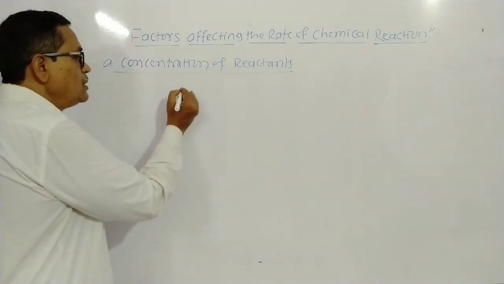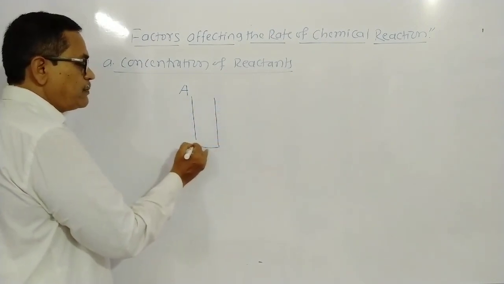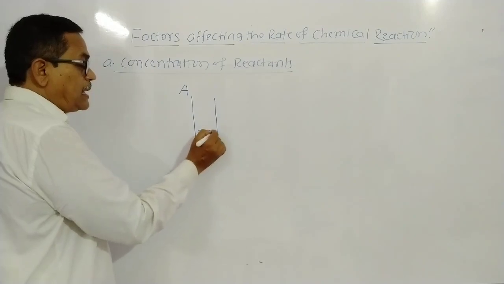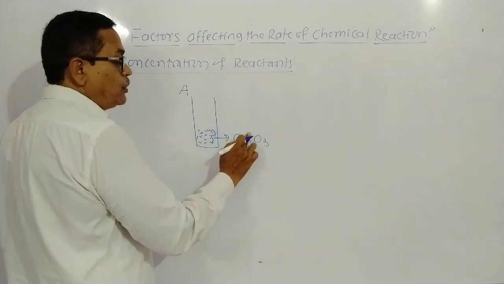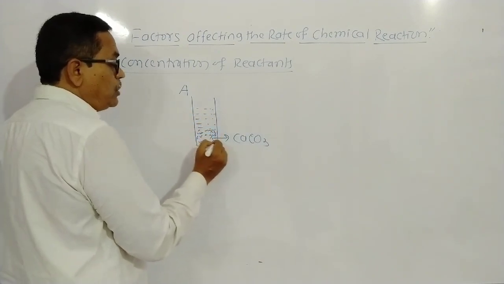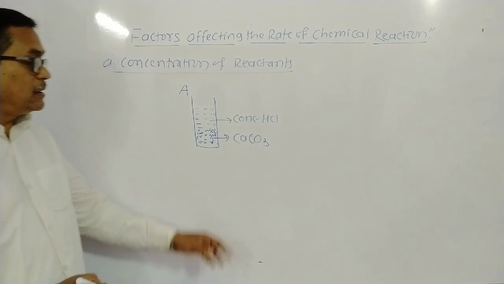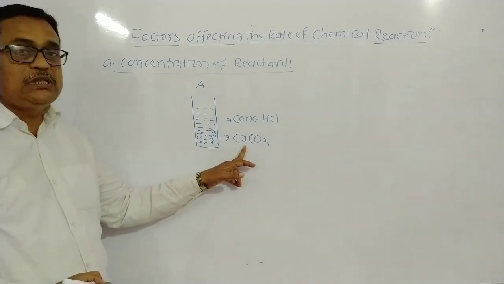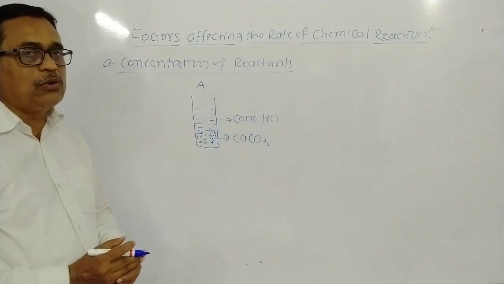Look here, there is a test tube A. In this test tube we take a powder of calcium carbonate, CaCO3, and we add concentrated hydrochloric acid, concentrated HCl. Two reactants are there in test tube A.